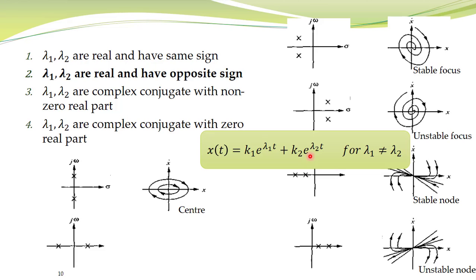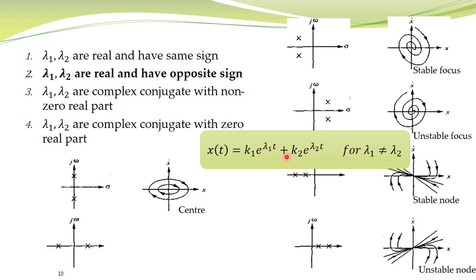So what will be overall response? One term decaying, another one growing. What is sum of the two? So the response will be growing response. The term which is decaying, for example, even if it becomes 0, then the term which is growing will always dominate. So in general, response will be unstable, that is trajectories will become unbounded.